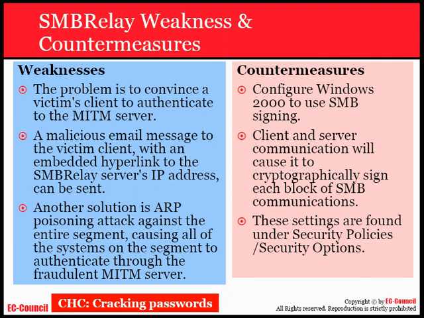In addition to that, I can also use different forms of cryptography to sign each SMB that I send across the line. In addition, I can also put different security policies or group policies in place that make sure that this cryptography or this signing is in place regardless of what the settings at the client are.